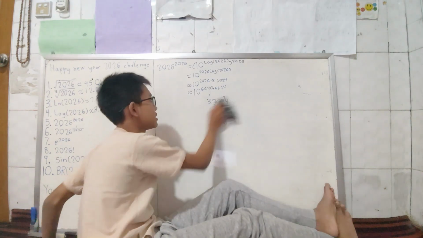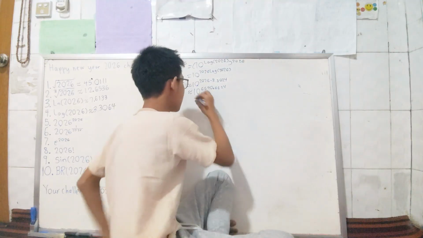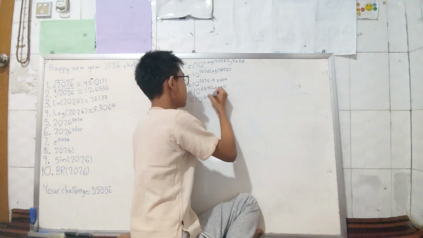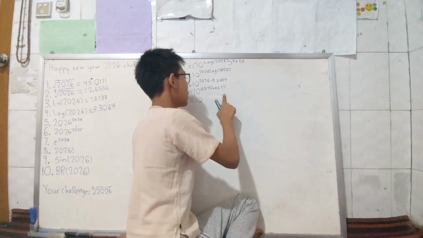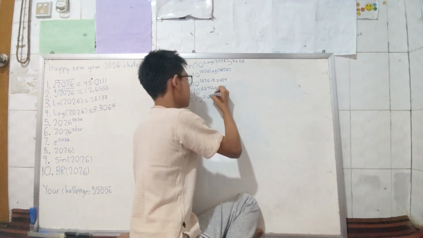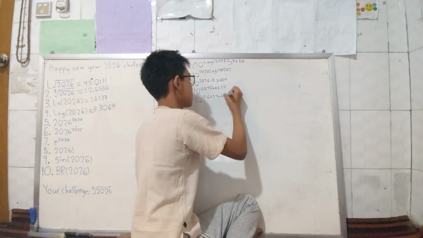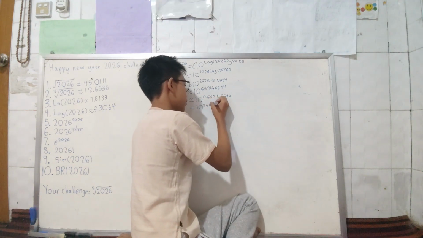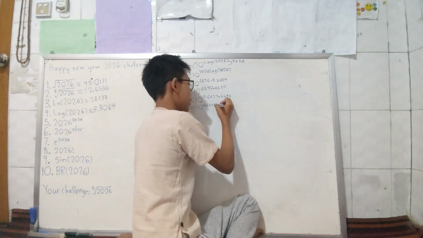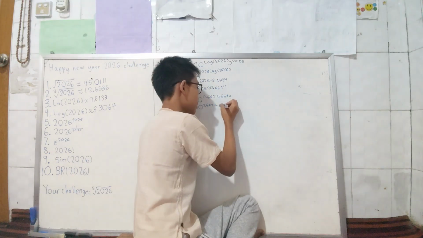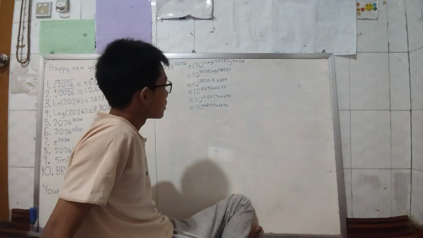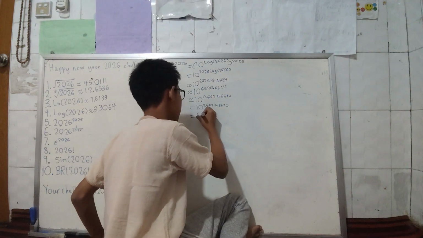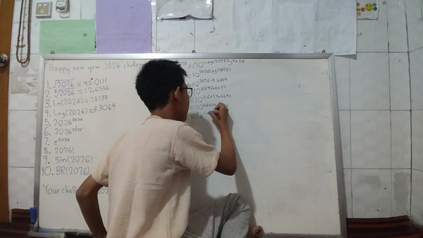So I'm going to erase this, and then we're going to split it into a product of powers of 10. So that's going to be 10 to the 0.6624 plus 6690. 10 is actually e to the power of the natural log of 10.